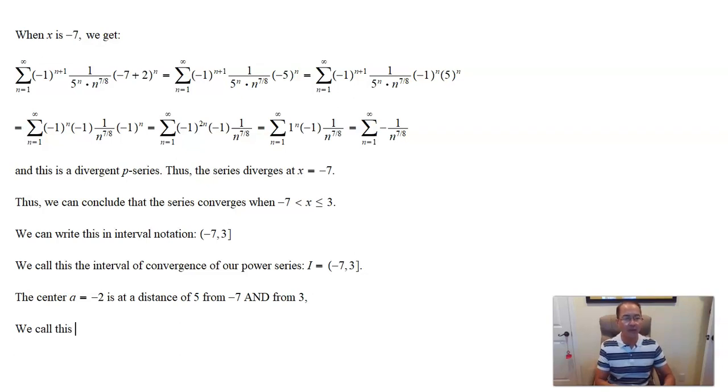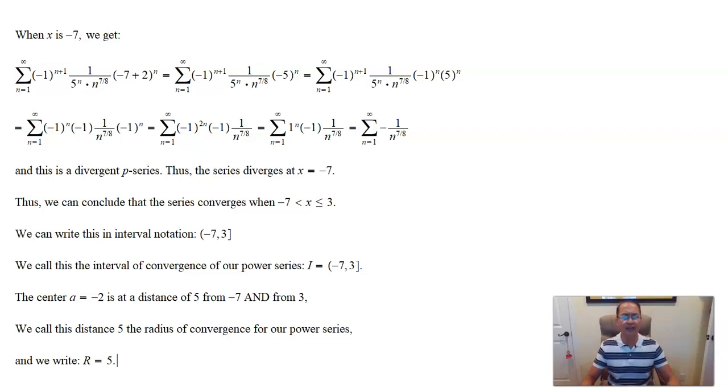We call this distance 5 the radius of convergence for a power series. We write capital R for radius of convergence. Our R is 5.